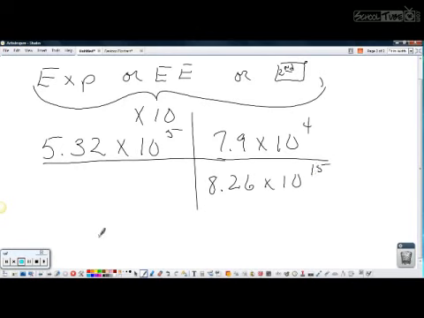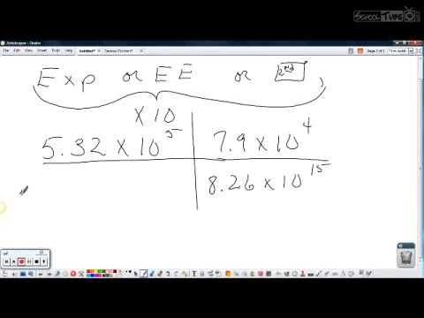Okay. Now, follow with me. Type 5.32. Either punch the EXP button, do the EE button, or do the second comma.